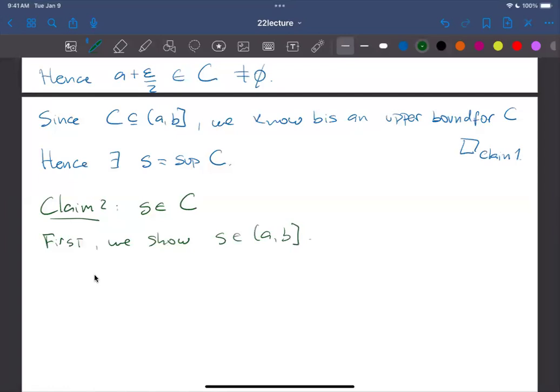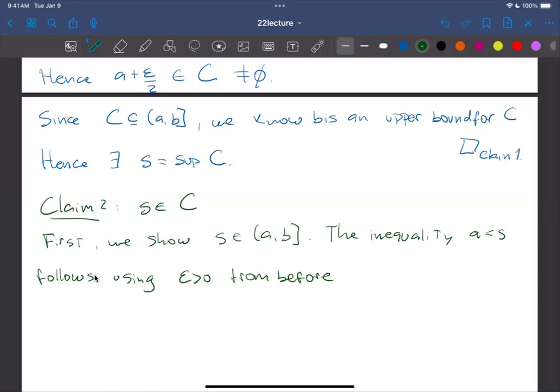So why is it true that A is smaller than S? Well, remember S is the supremum. To show this, we can just use the epsilon that we built before. And why does it follow from that epsilon? Because for that epsilon, we showed that A plus epsilon over 2 lives in C. That's exactly what we showed.